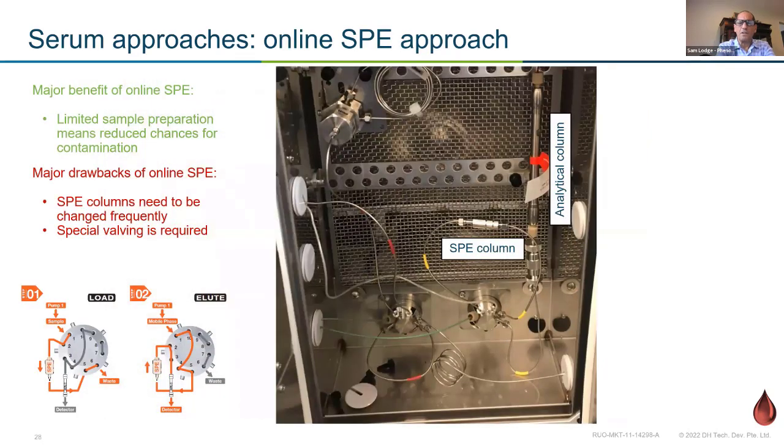The one important consideration for the serum sample prep is these are generally very, very small samples. As we indicated earlier, it's like 45 to 50 microliters of total sample. You really can't do a good solid phase extraction using a tube. There's just too much sorbent and not enough sample to justify that.